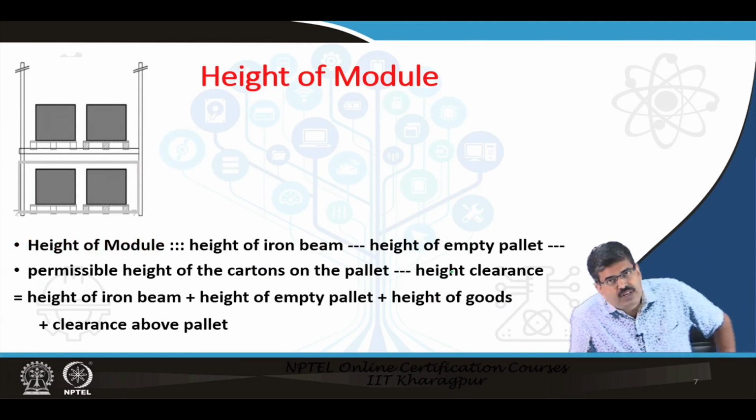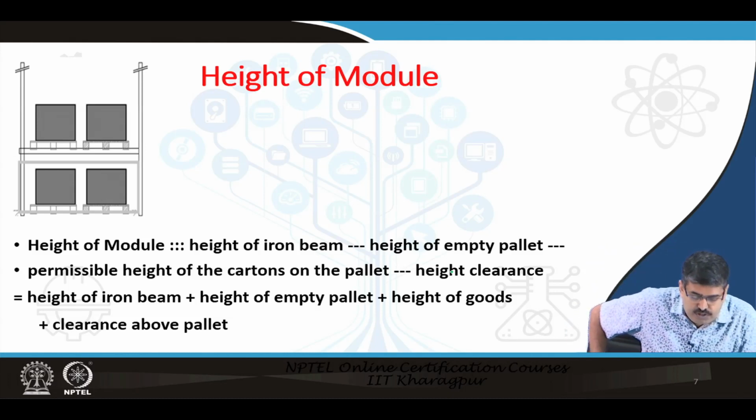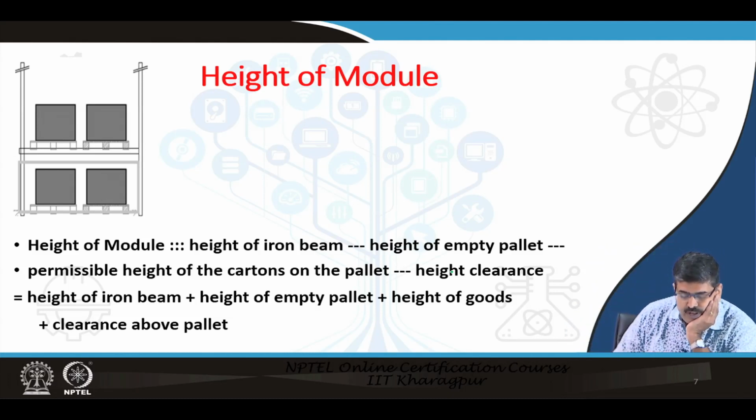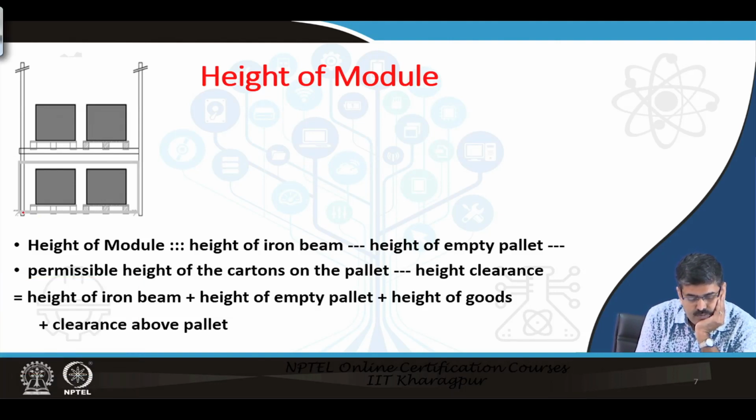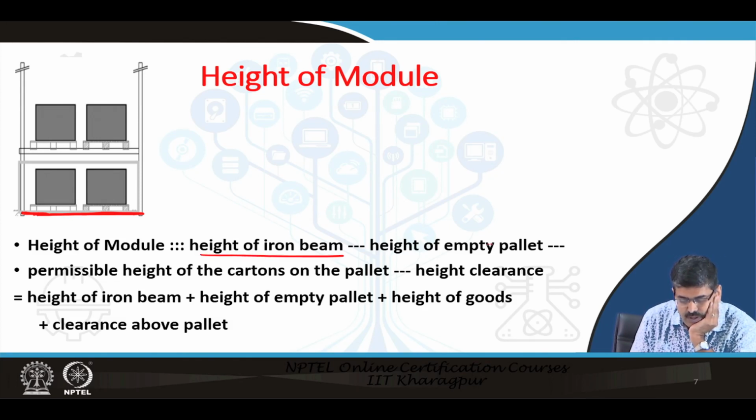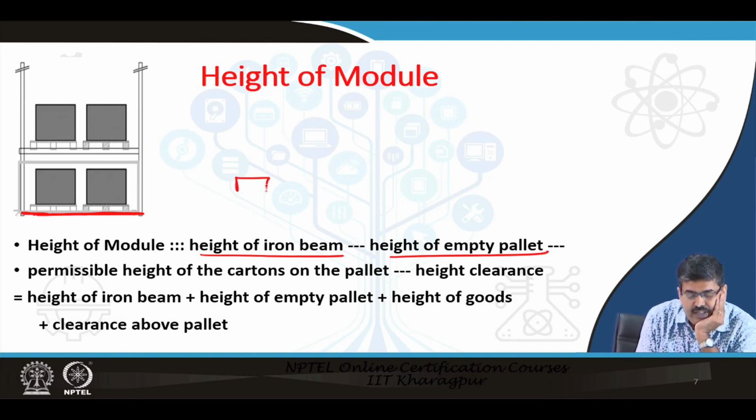Height, same thing, just remember the first diagram that we drew. Height of the iron beam, again here let us go. Height of the iron beam, height of the empty pallet. Now, these pallets are like this.